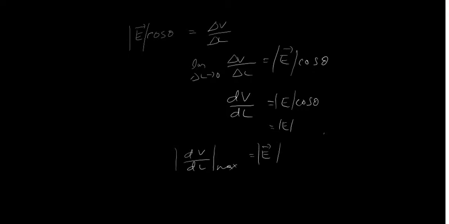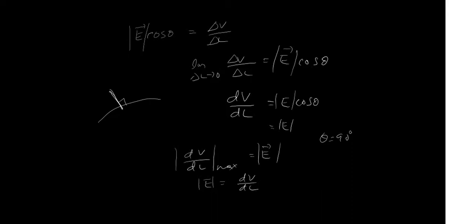So when cos theta is maximum, we can say that dV by dl is maximum when theta is equal to 90 degree. That is, the electric field and the delta L along which you are finding the potential difference should be perpendicular to each other. At this point, magnitude of E is dV by dl, right?